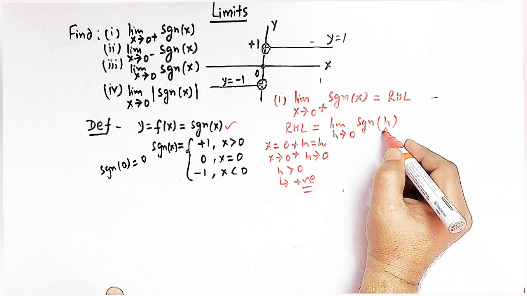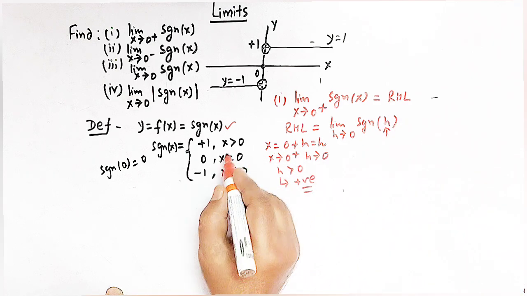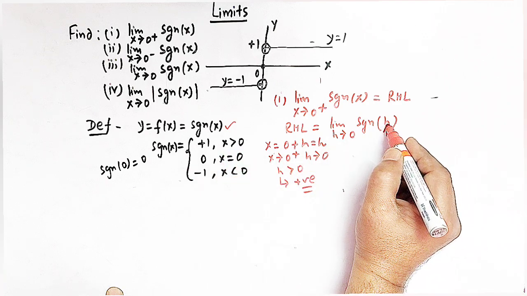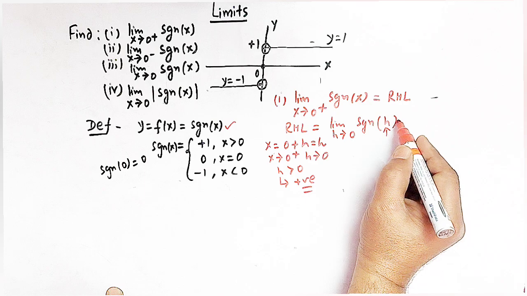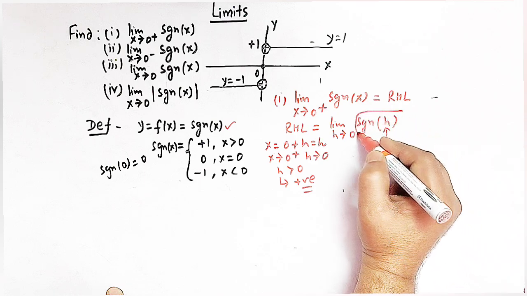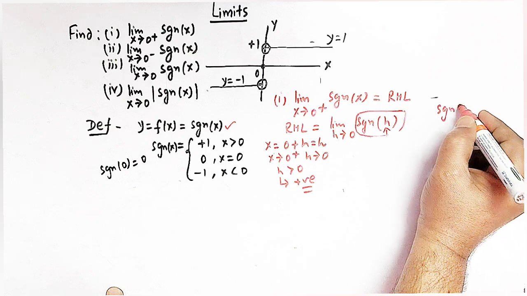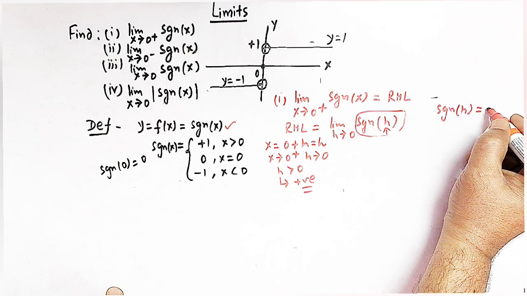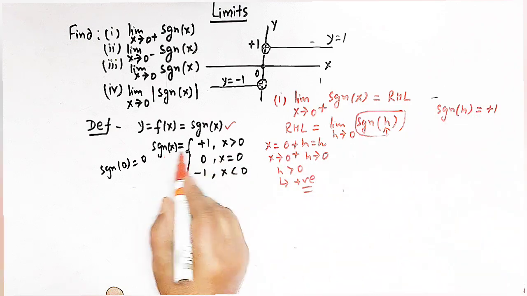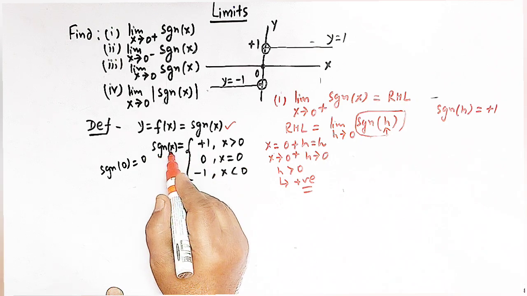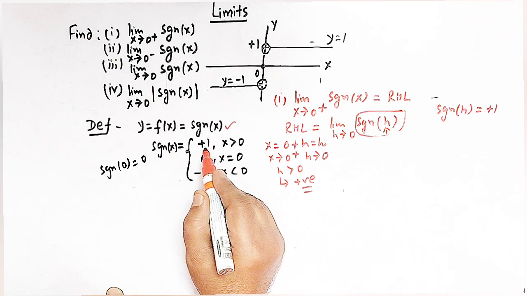So whenever h is a positive quantity, that is when x is greater than 0. So when this input is positive, that is greater than 0, then signum of h should be equal to 1. So signum of h is equal to plus 1 due to this definition. So whenever the input is a positive number, then signum of that input takes the value positive 1.